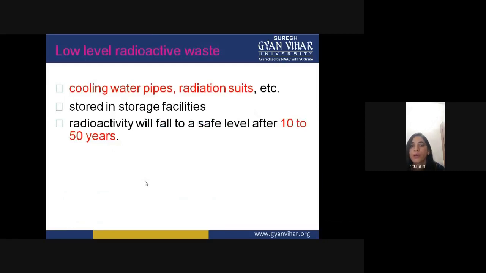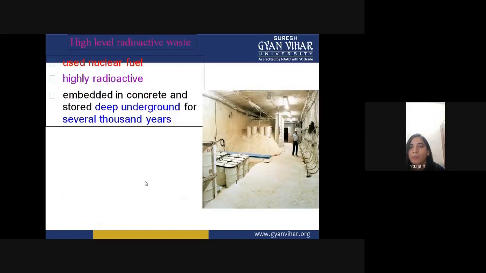Low level radioactive waste, such as cooling water pipes, radiation suits, etc., is stored in storage facilities. Radioactivity will fall to a safe level after 10 to 50 years. So before 10 to 15 years, you can't even go over there. This is the main disadvantage of a nuclear power plant.